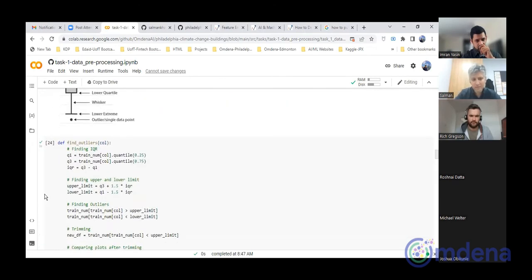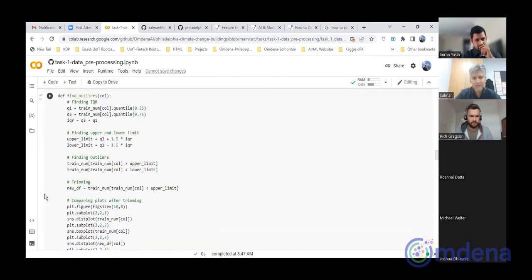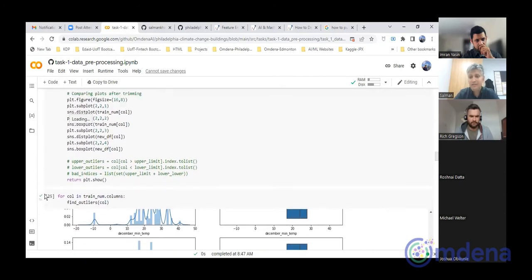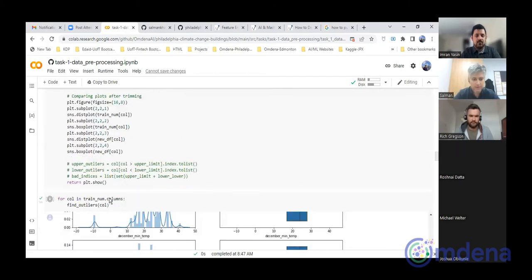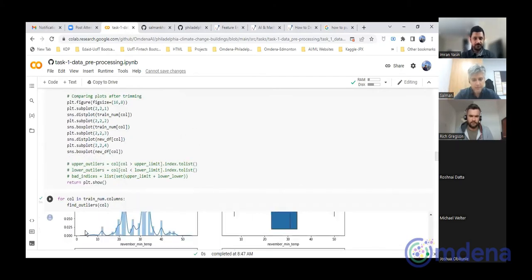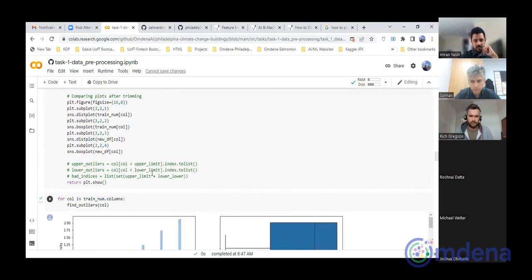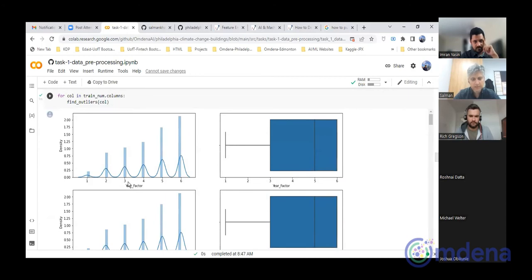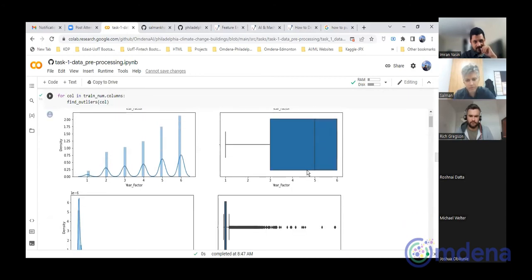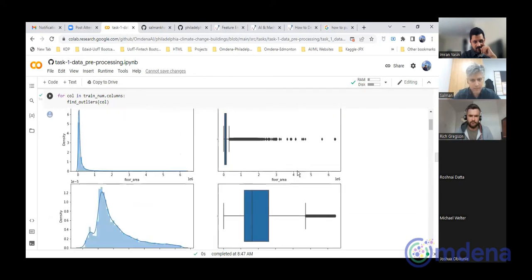So I developed a function which gets rid of the outliers and then plots the result side by side with the original. For example, if you look over here, year factor: originally it was this, and after that it was this. There were no outliers. Then this is floor area.